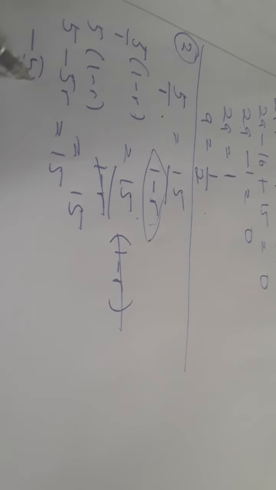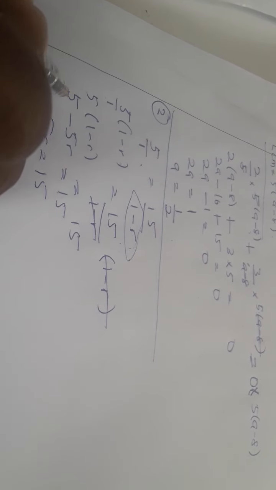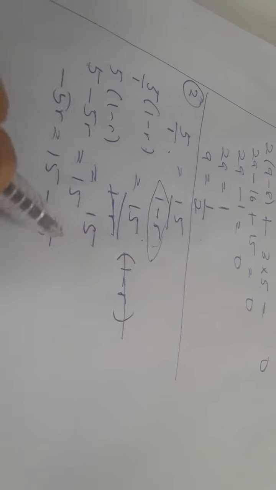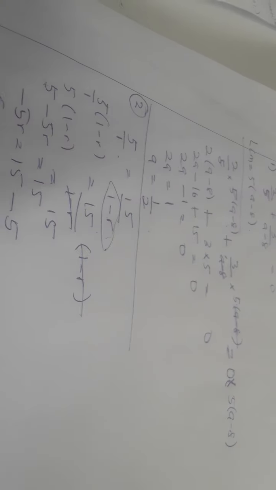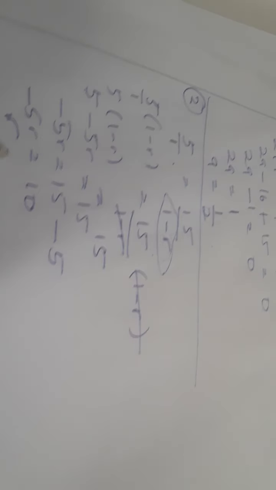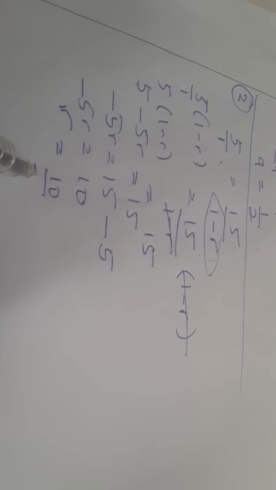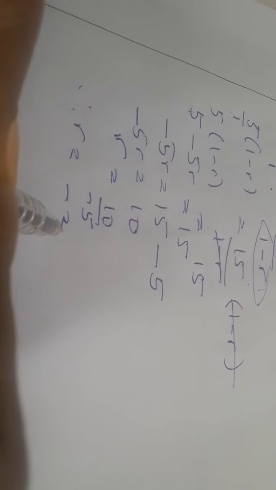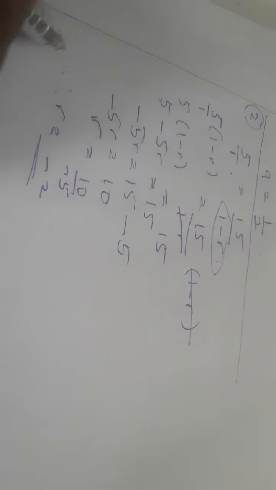Minus 5r is equal to 15 minus 5. When you bring plus 5 to this side, you have minus 5r is equal to 10. R is equal to 10 over minus 5. Therefore, r is equal to minus 2.